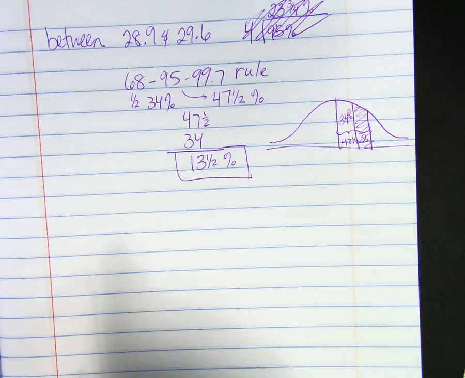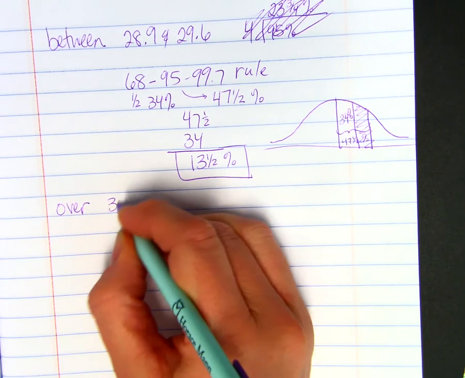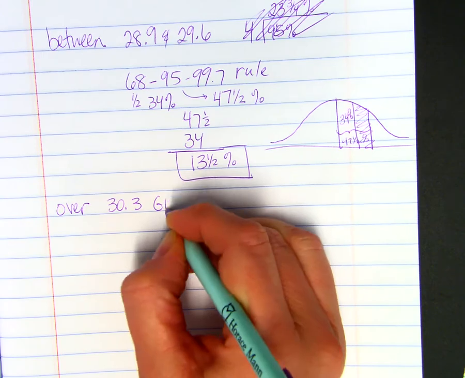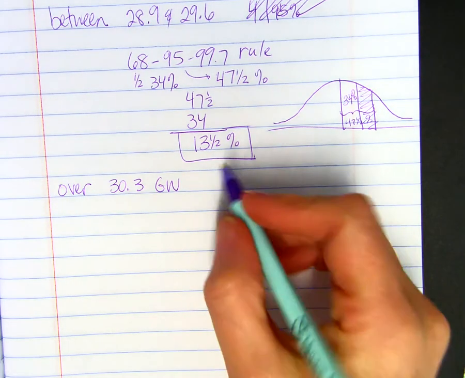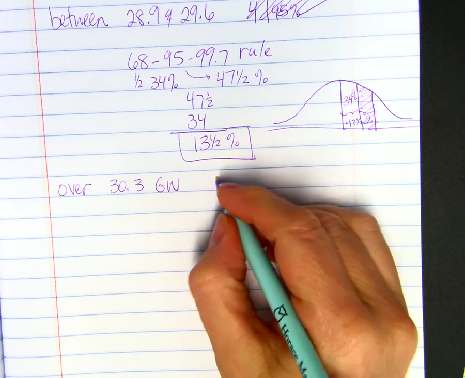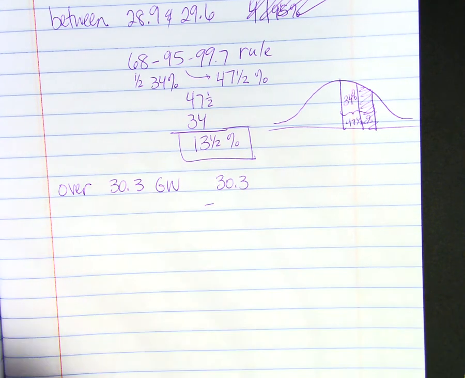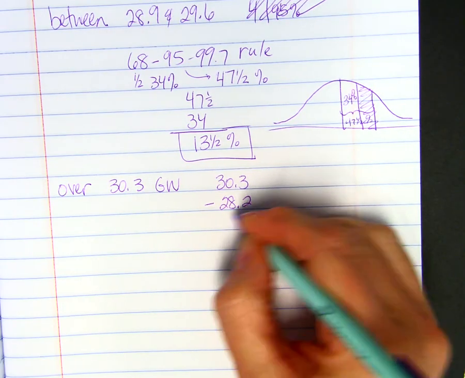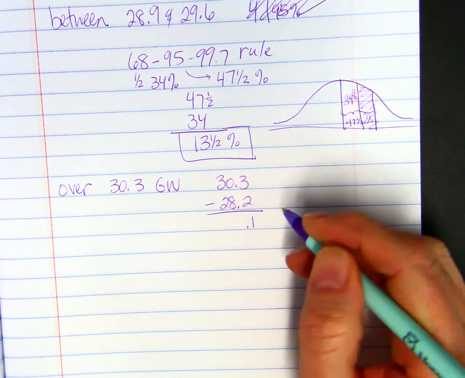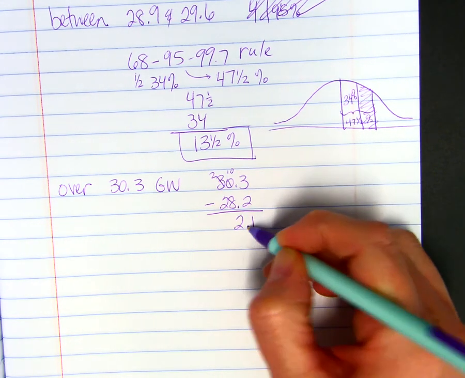Okay, and then if we want to know what percent is over 30.3 gigawatts, we take 30.3, we subtract the mean, that was 28.2. 2.1.